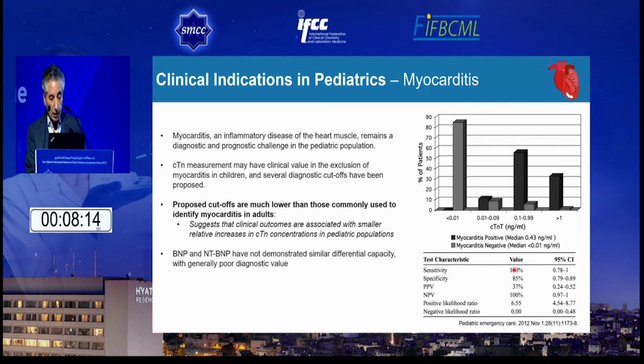And I've shown here one of the studies looking at this. BNP and NT-ProBNP, however, have not demonstrated value in this particular myocarditis condition. But cardiac troponins, for sure, have shown value, and the data is shown here. As you can see, there's quite a bit of specificity and sensitivity using these markers.